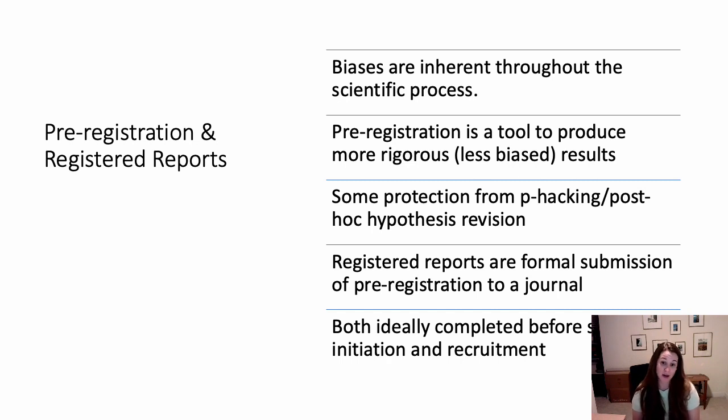You might have null findings, and you might not find anything in your study, but the journal is still going to accept that stage 2 registered report because they are essentially pledging that they will accept it, given that you are running the study that you said you would actually run.